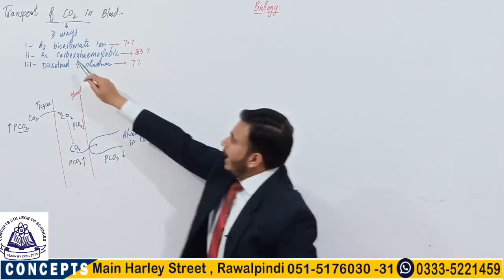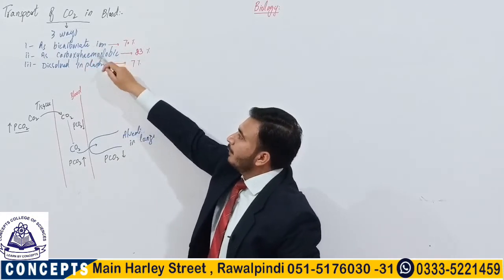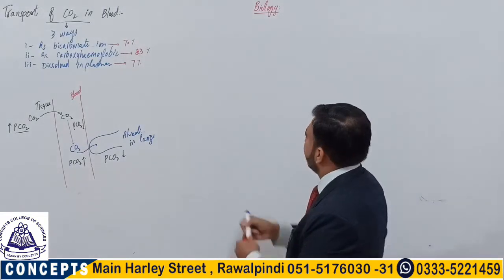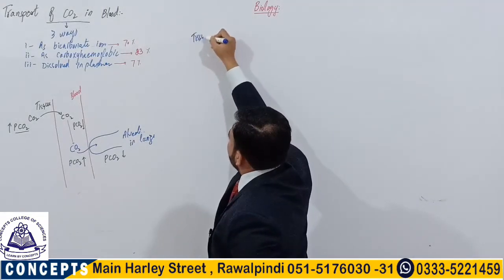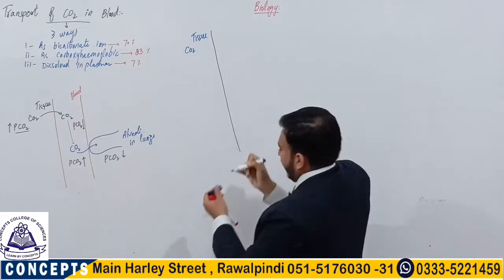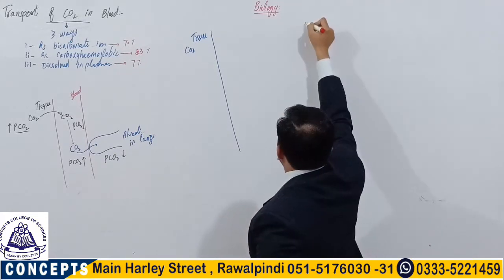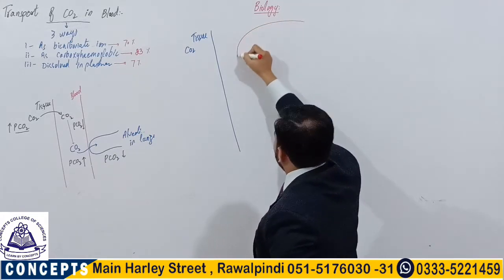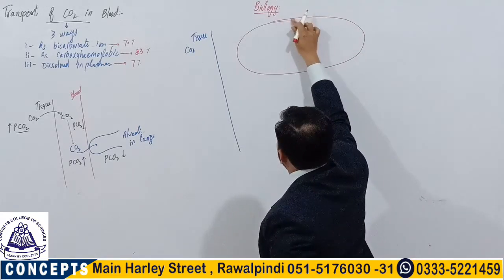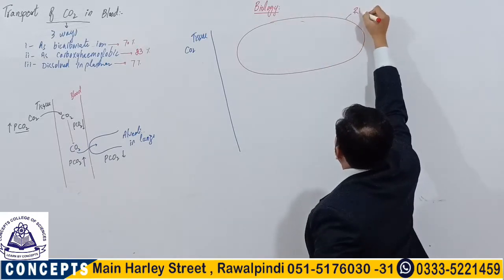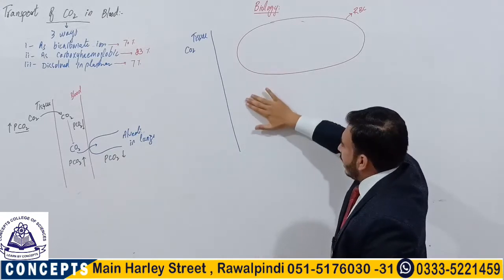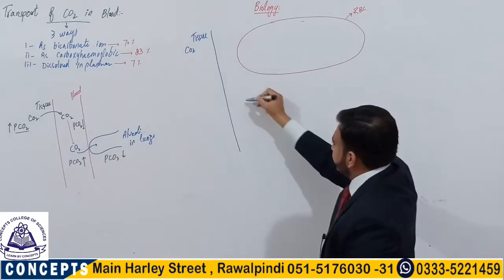So let's look at how carbon dioxide moves as bicarbonate ion, and how bicarbonate ion is formed. At tissue, carbon dioxide is produced. The red color shows RBC. This is RBC, and outside the RBC is plasma.